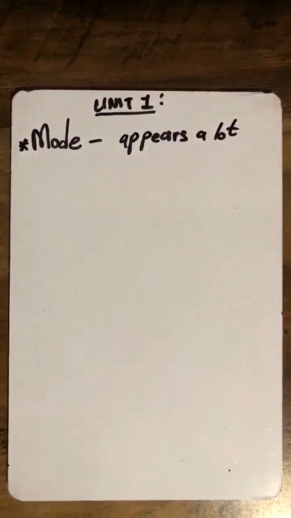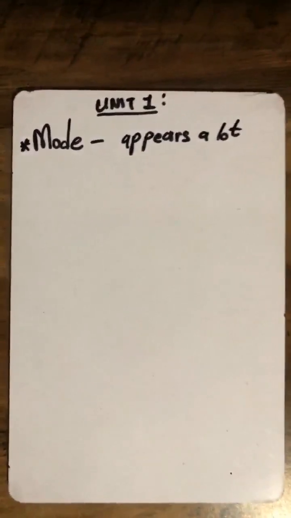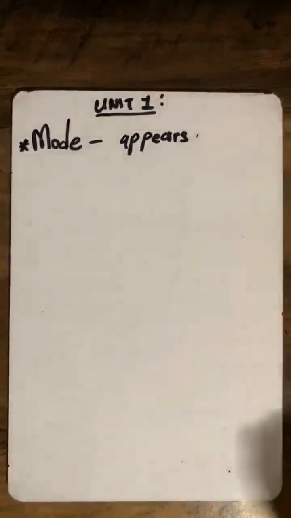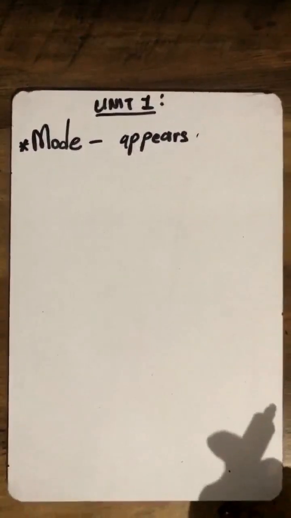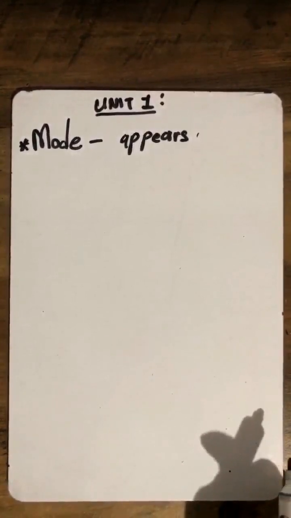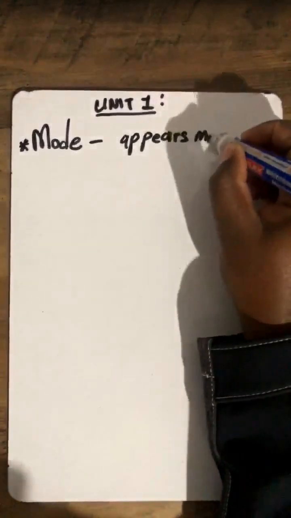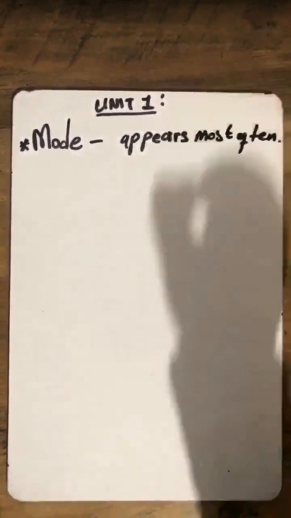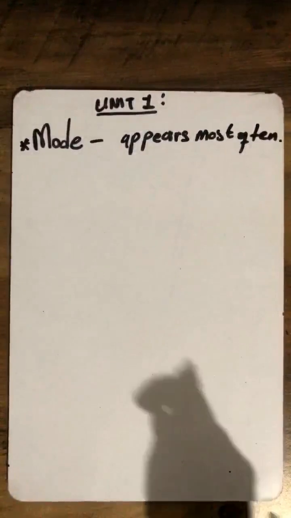To keep it the way in which it is recommended in textbooks, they're saying that value that appears most often. Most often simply means it appears more than other values.